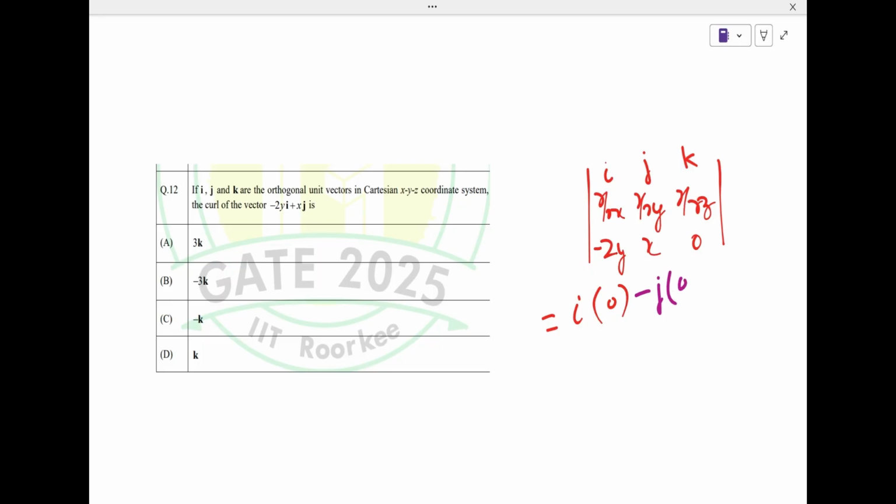So into 0, plus k into the value: x partial with respect to x is 1, and 2y with respect to y is 2, but positive because upside it is negative of minus 2. So 1 plus 2 is 3k. So option A is the correct one.